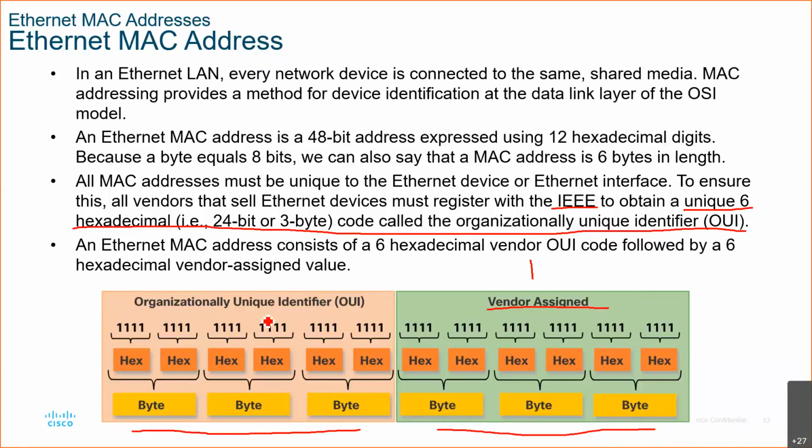No MAC address is repeated. So you have to get your OUI by registering with IEEE. And once you have got the OUI, the other 3 bytes are dependent on you and what address you give.